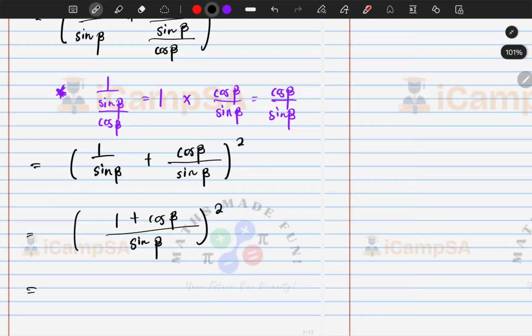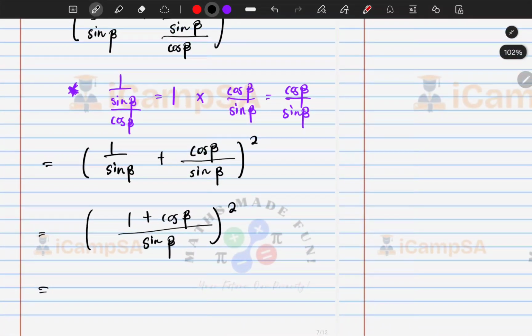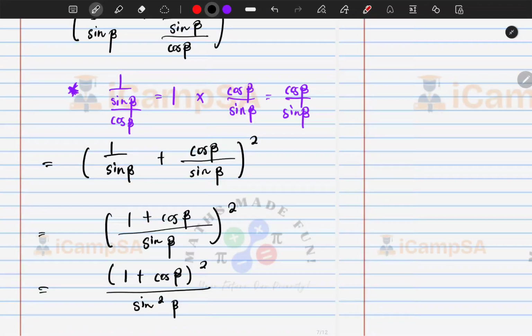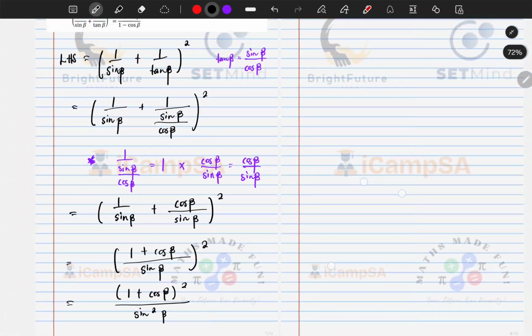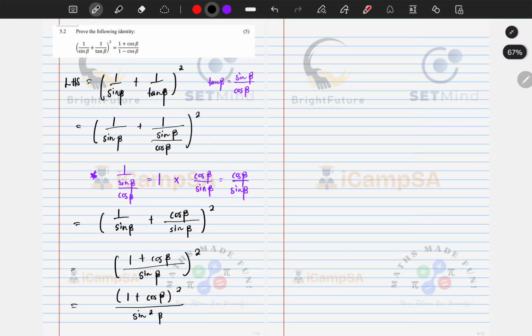So I'm just going to say 1 plus cos of beta, all squared, all over sine squared beta. I just distributed the squared.